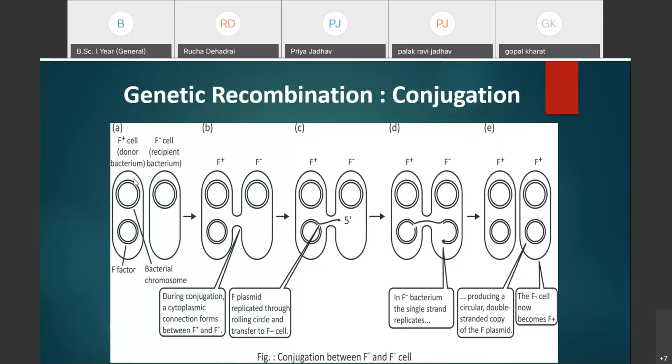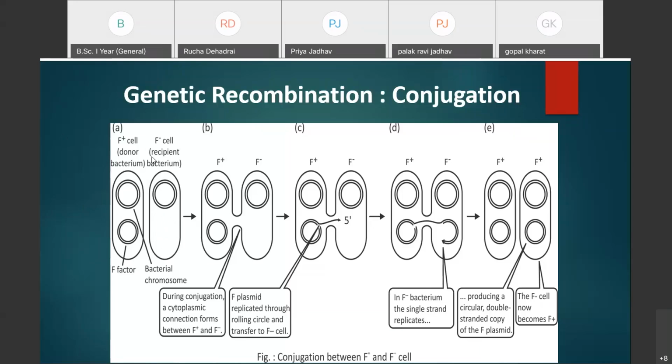The bacterial cell which has the transmissible plasmid is referred to as the F positive cell. It is called the donor bacterium cell, and analogous to sexual reproduction in the higher organisms, this donor bacteria is referred to as the male. While this bacterial cell does not have the F factor, that's why it is referred to here as the F negative cell.